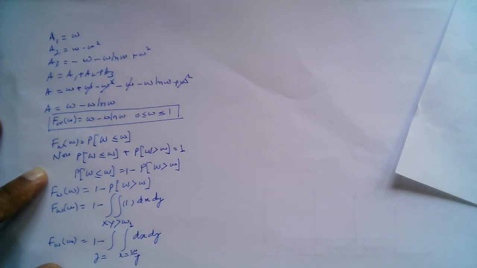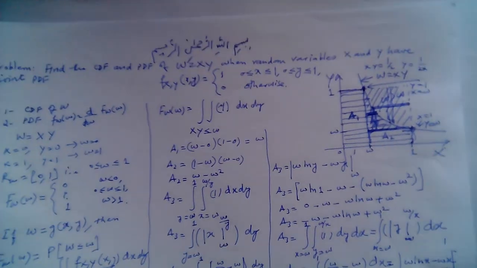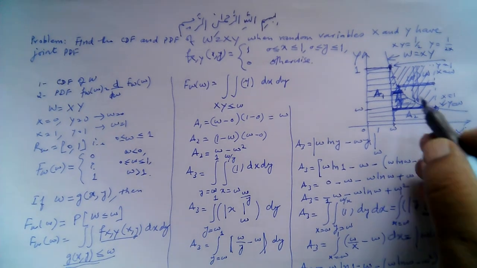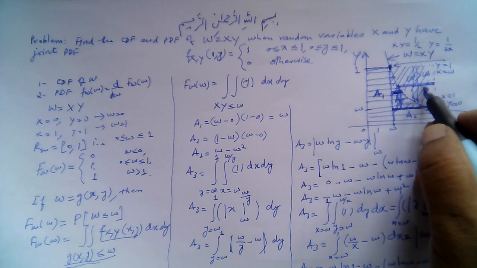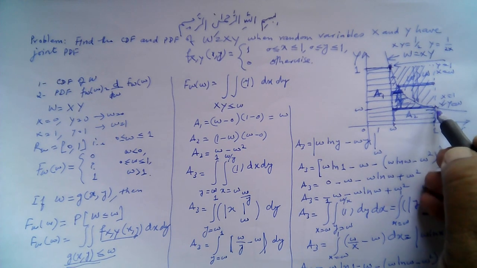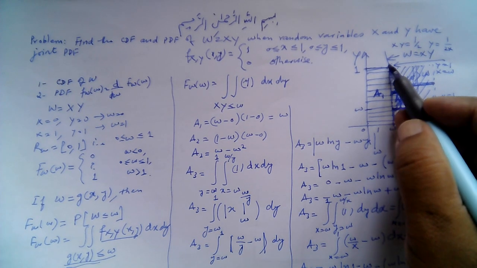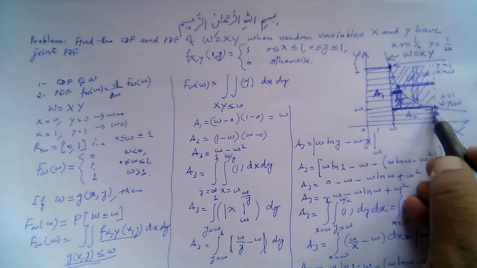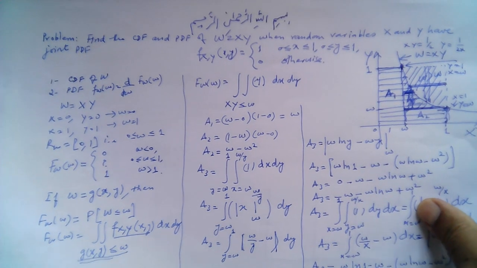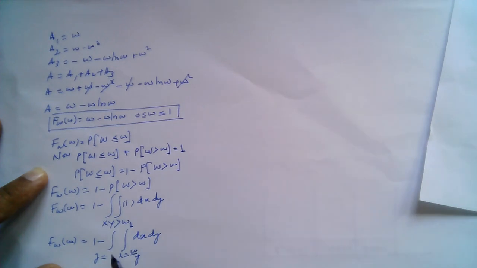For the limit of y, we again refer to this diagram, and once we have used this strip, we need to move this strip from this point to this point, right? So y is w here and y is 1 here. So the limits of y are w to 1, right?